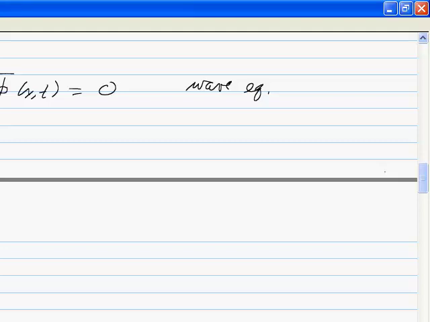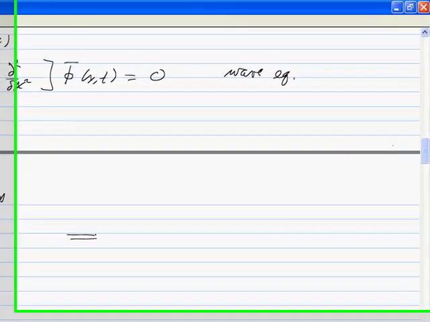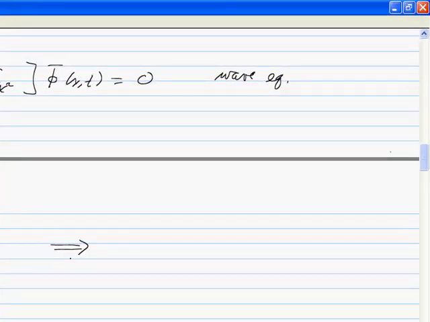Okay. Now, y j has become phi of x. So it's clear that the corresponding guy is going to be the derivative of the Lagrangian with respect to phi dot of x and t.